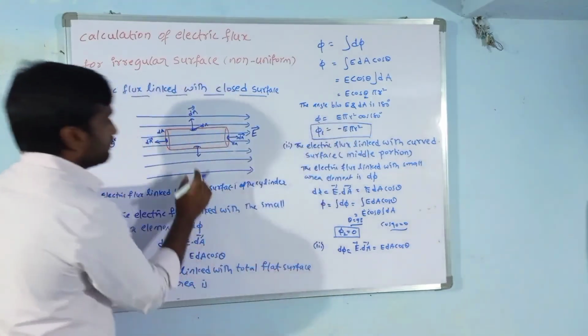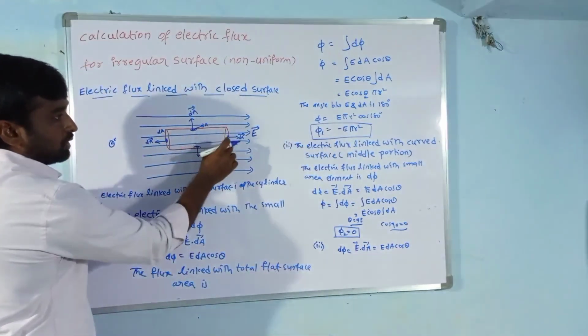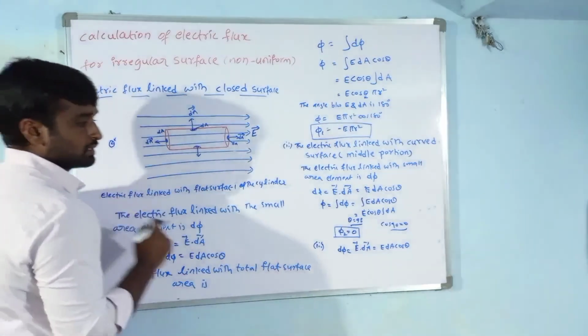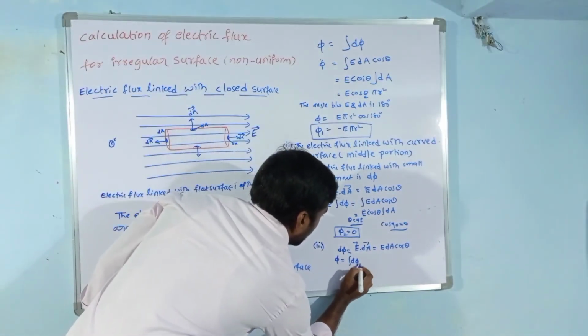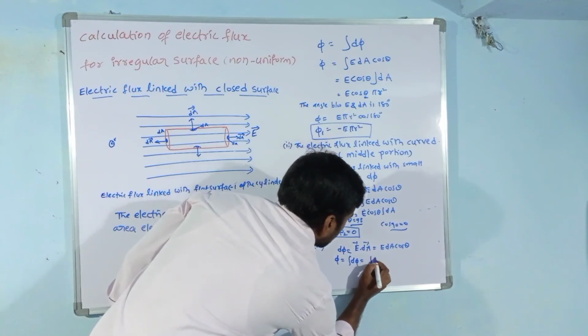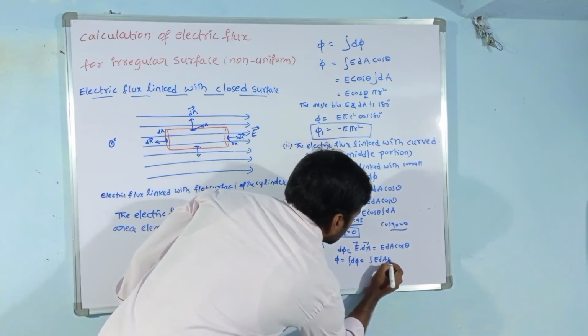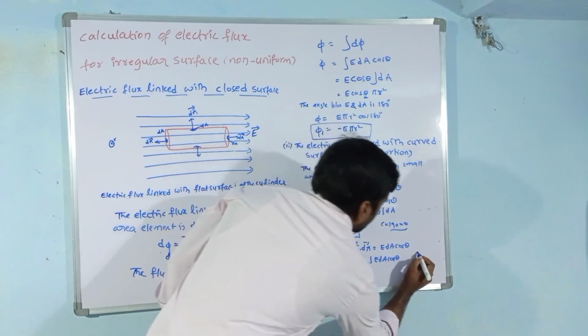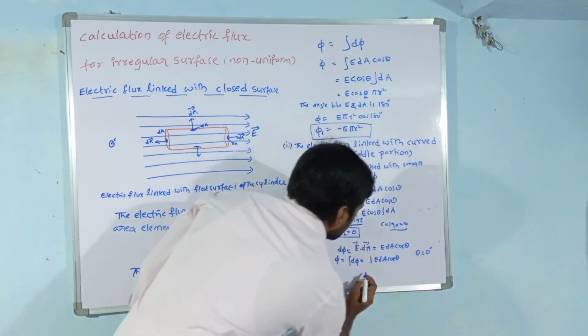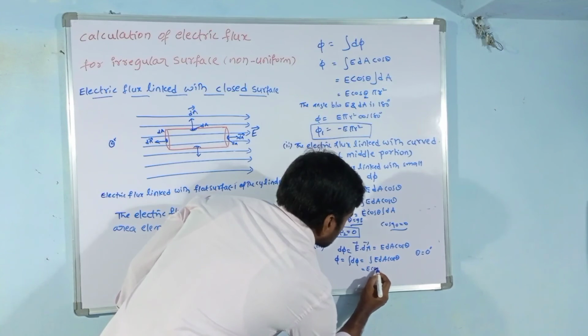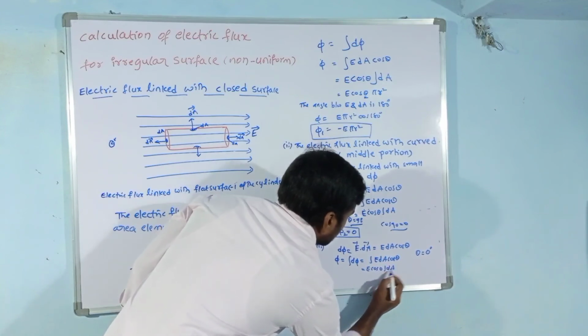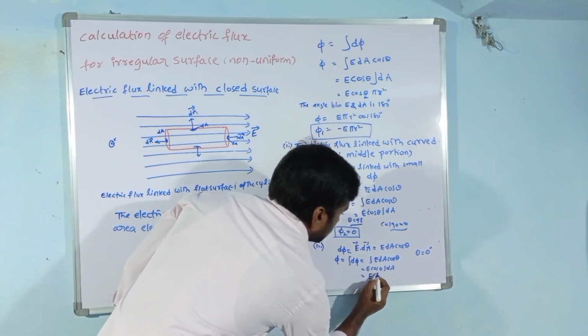If we want the flux linked with the total flat surface, we have to take integration. Phi is equal to the integral of d phi, that is E dA cos theta. What is theta here? 0 degrees. So now E cos 0 dA, and the cos 0 value is 1.